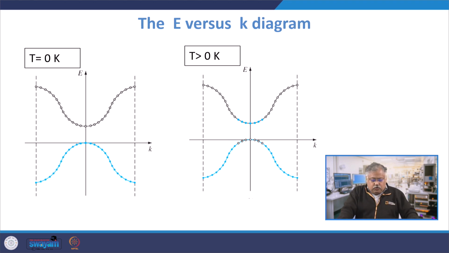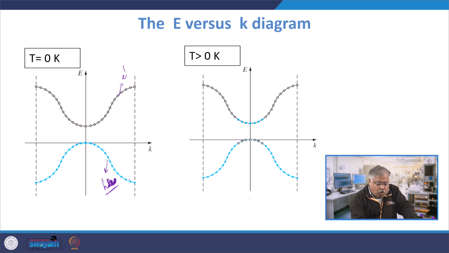Now let's also look at what happens if we plot the energy versus K diagram, the E versus K diagram, and how it influences the overall structure. If you plot the E versus K diagram, then you very well know that the top one is basically for electrons and this is for the holes. So at T equals 0, your bottom energy states are fully filled up.